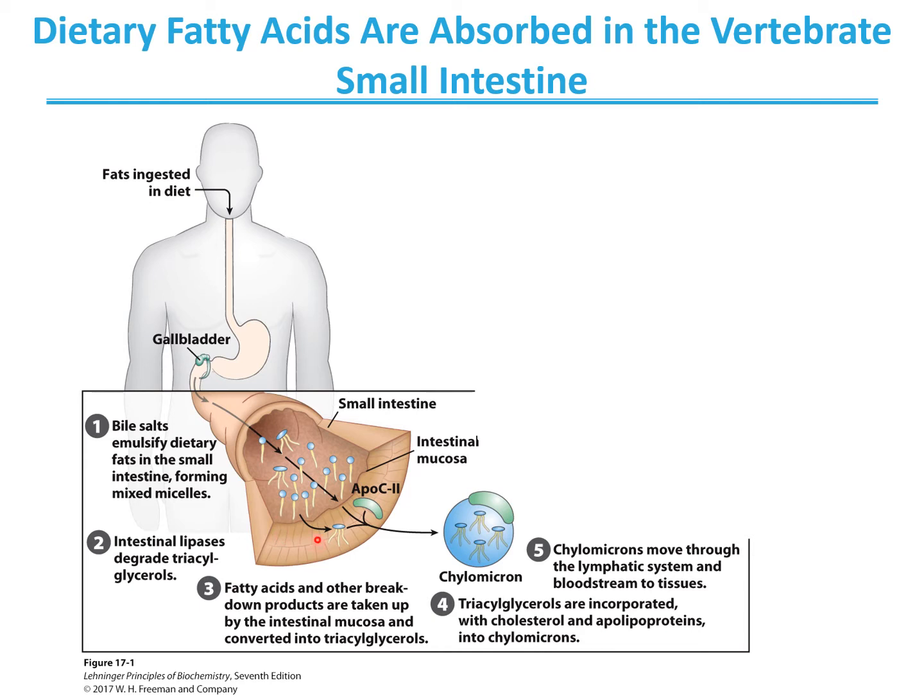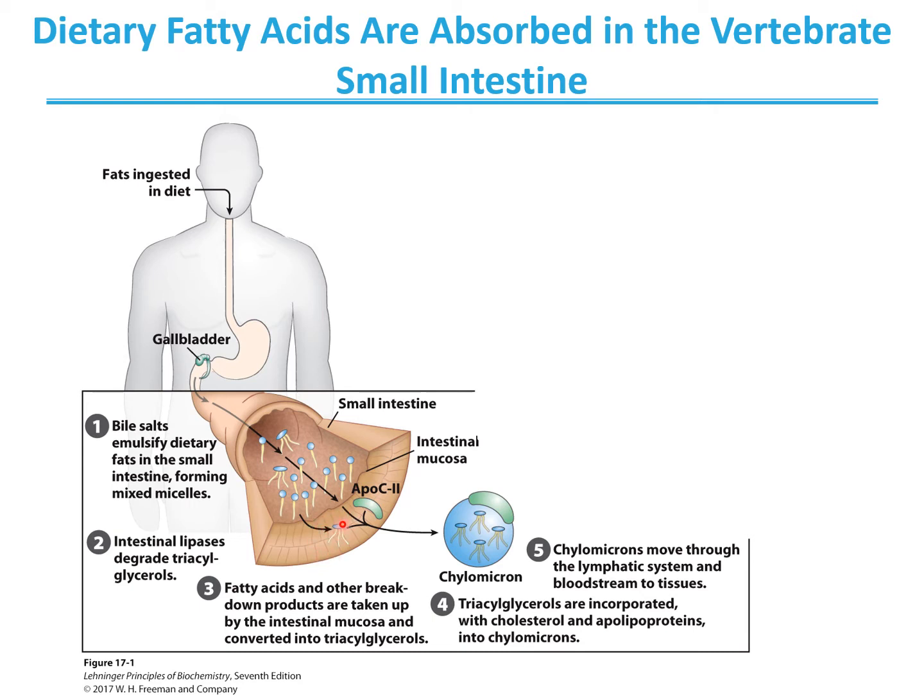And these fatty acids will then be taken up by cells that are lining this small intestine that are called enterocytes. These are epithelial cells, and these will take up fatty acids, will repackage these fatty acids into a TAG molecule.